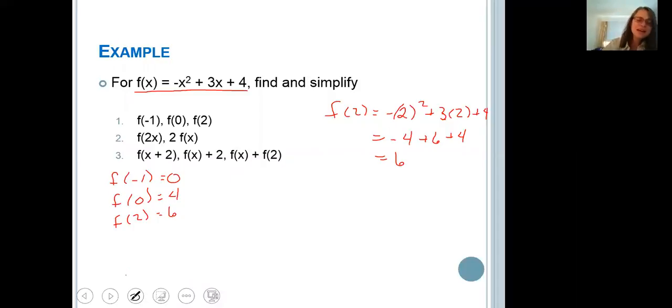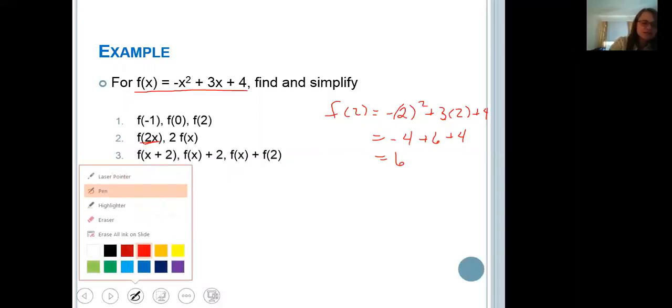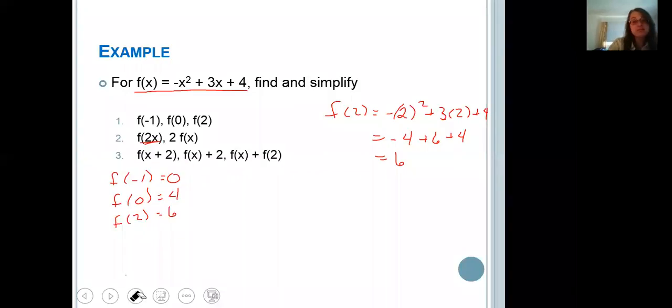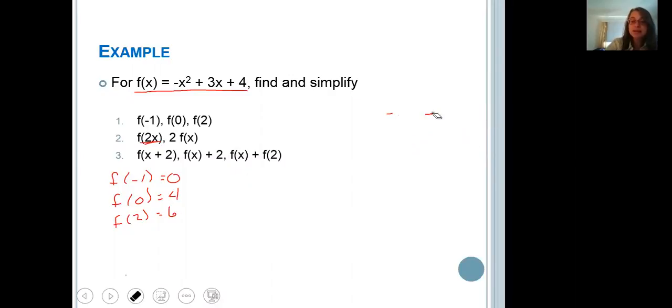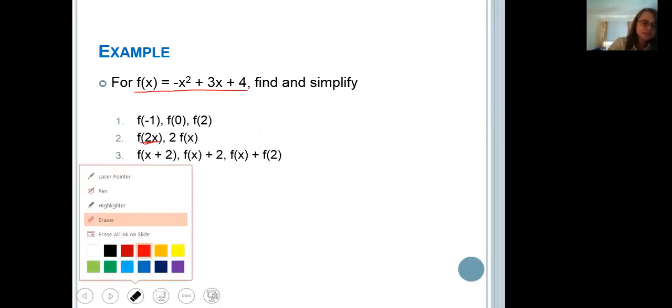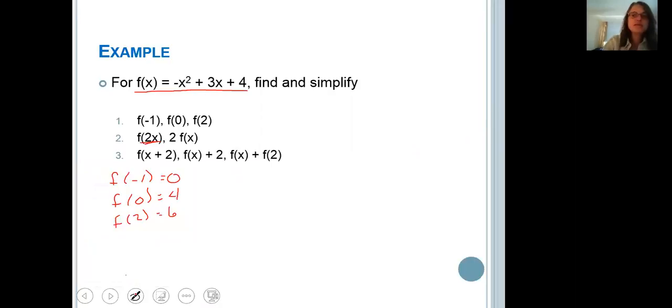Now, what happens though if you're asked to find something like f of 2x? Well, we do pretty much the same thing. Actually, we do exactly the same thing. It does not matter what is inside those parentheses. We replace all of our x's with whatever that might be. So let's take f of 2x.